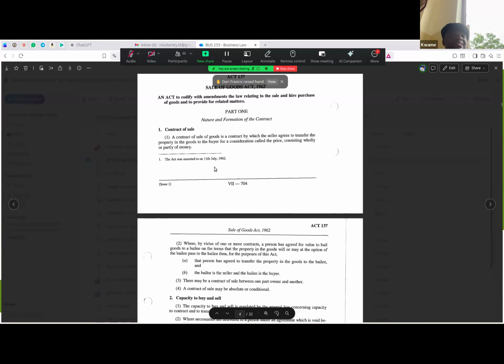That is why it says partly money. The product is 10,000 cedis, but you pay half money, and for the remaining half, you go and weed my land for me, as part of the price. You get it? So when we talk about the price, it is not only money. It can be half money and half other things, or it can be wholly money. That is what it means.